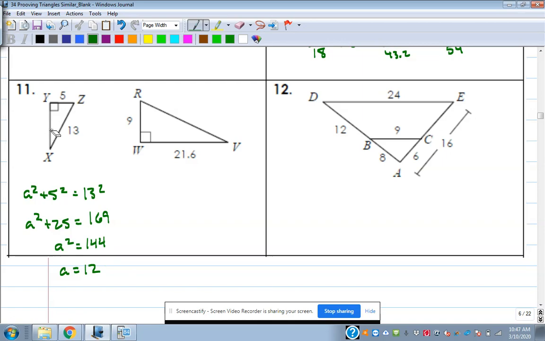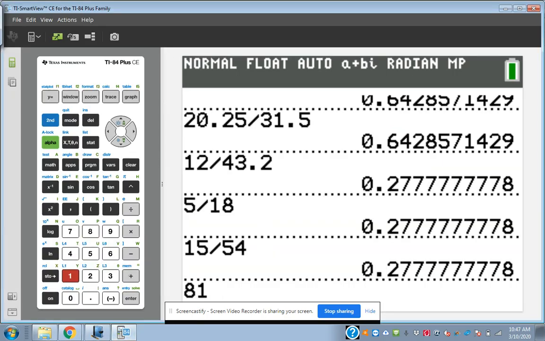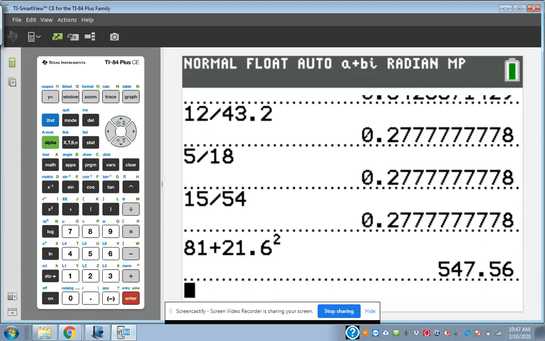That side is, I got mine to be 12 over there. You got 81 plus 21.6 squared.